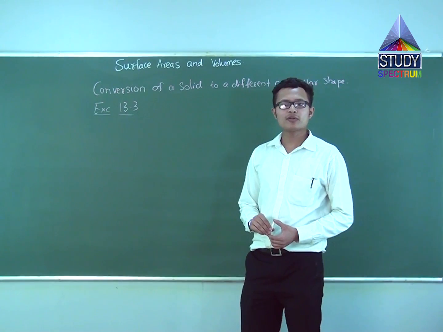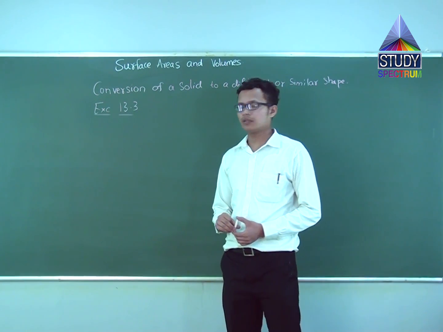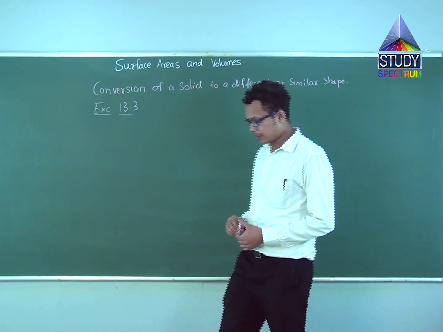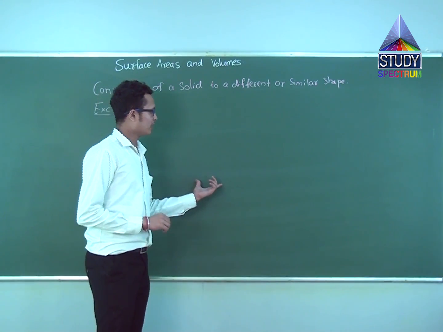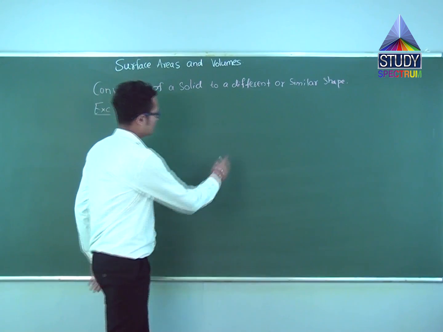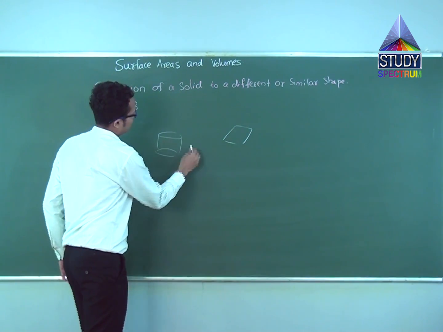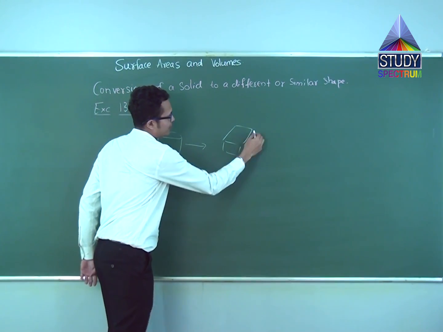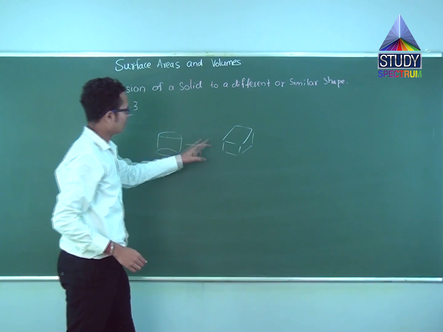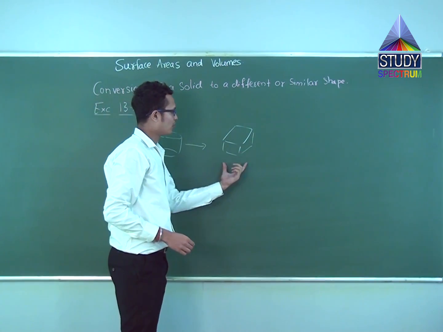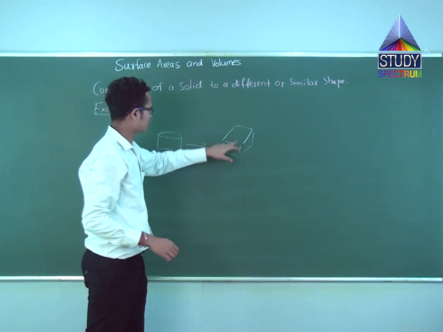The next question I am about to solve is difficult and interesting as well. Remember, in the previous question a well was dug and the mud was made into a cuboidal platform, and we had found out the thickness of this cuboid.